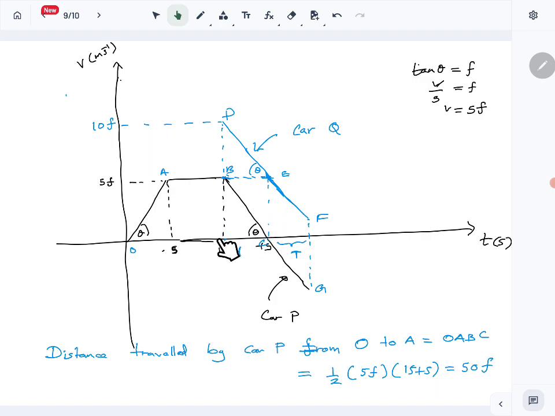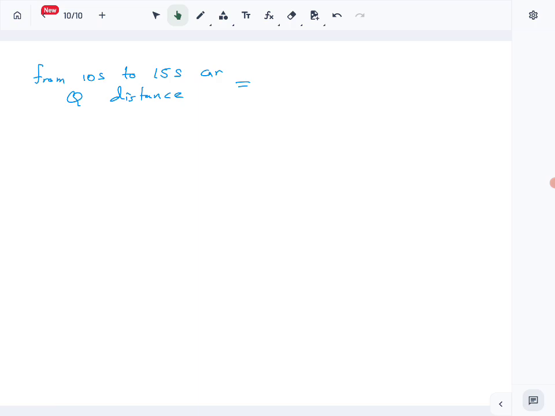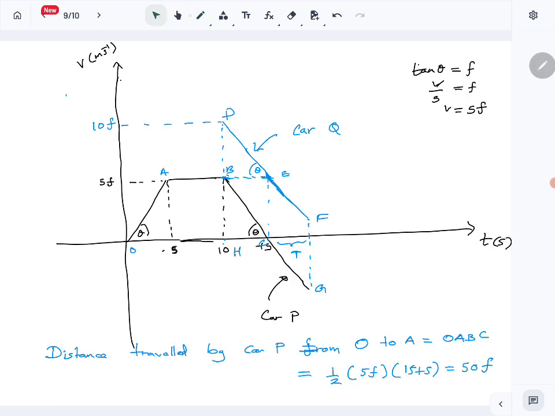That trapezium, DECH. So let's figure out that area. DECH area. So then height is what? Height is CH, which is 5.